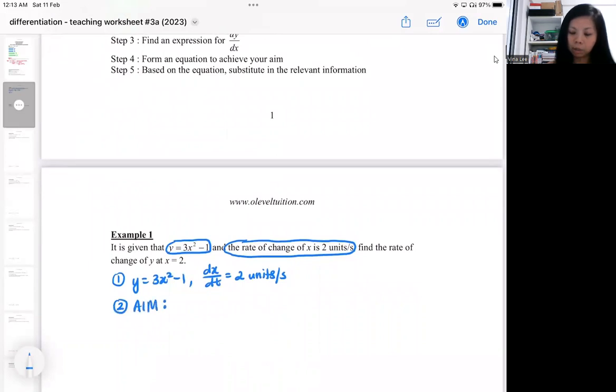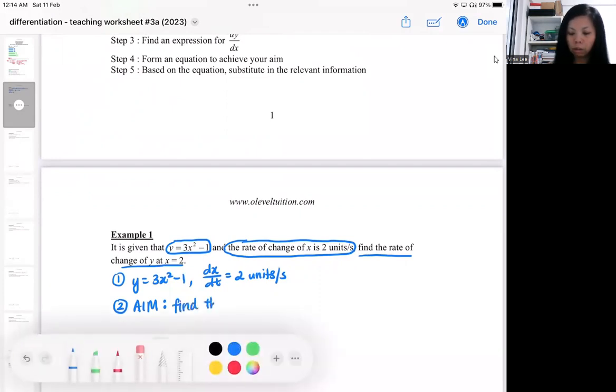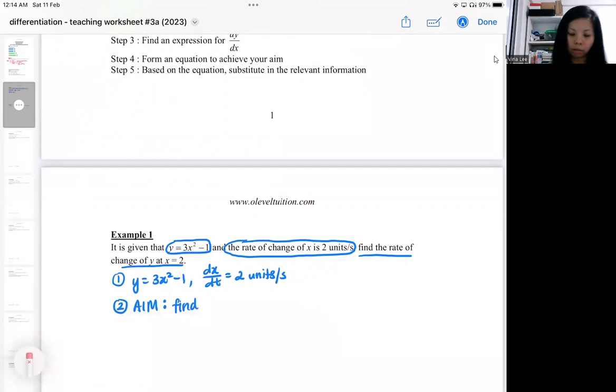What are you supposed to find? You are supposed to find the rate of change of y when x is equal to 2. So you got to translate rate of change of y. The notation will be dy dt when x is equal to 2. So you are given 2 pieces of information and you got 1 aim in this question.